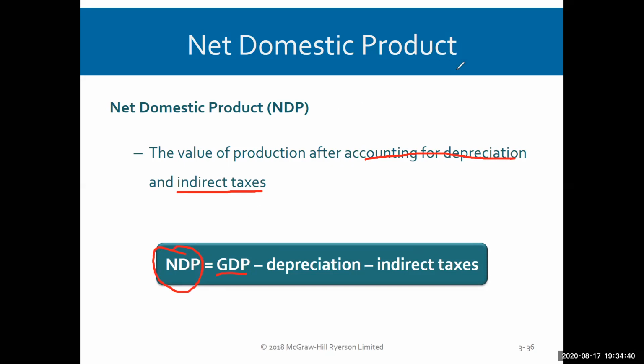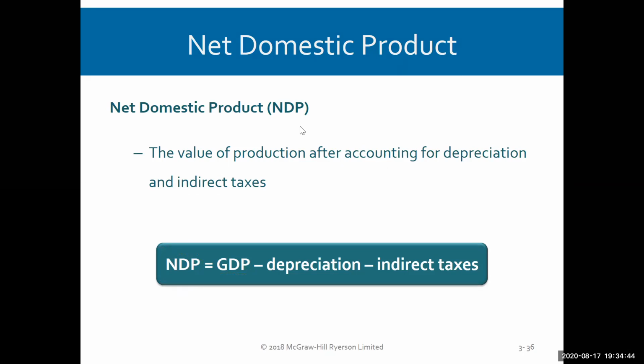We'll see these calculations very simply in a table at the end of this section. So we may want to take this one step further. After we calculate net domestic product, that's the value of production inside Canada. Domestic means inside Canada.